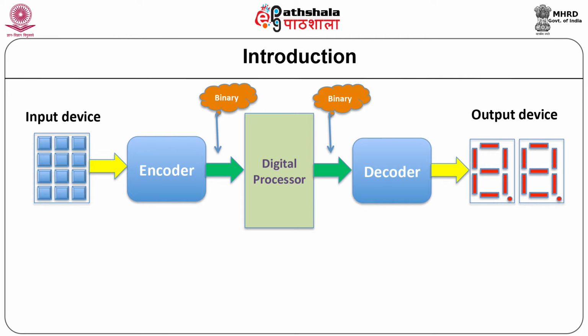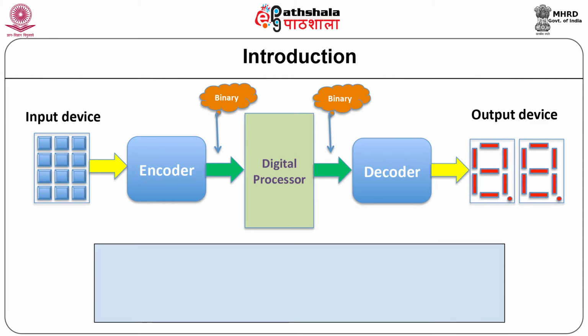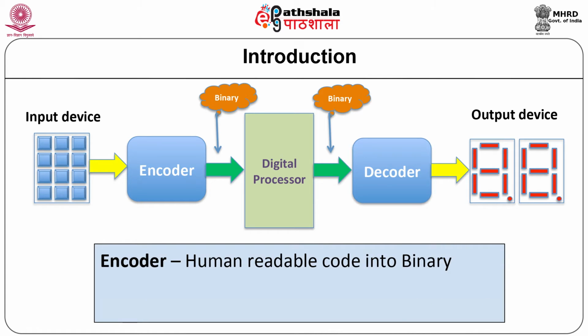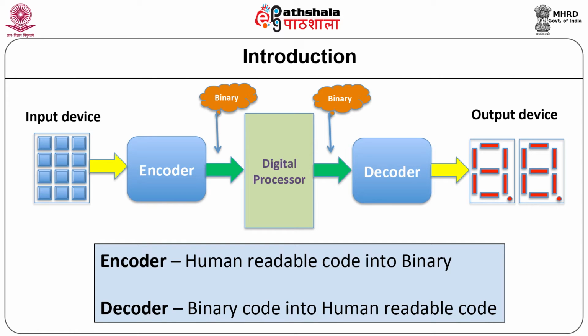It is difficult for human beings to understand information represented in binary. Therefore, there is a need for a group of devices to convert human readable language to machine or binary language and vice versa. A digital system cannot be complete without encoders and decoders.